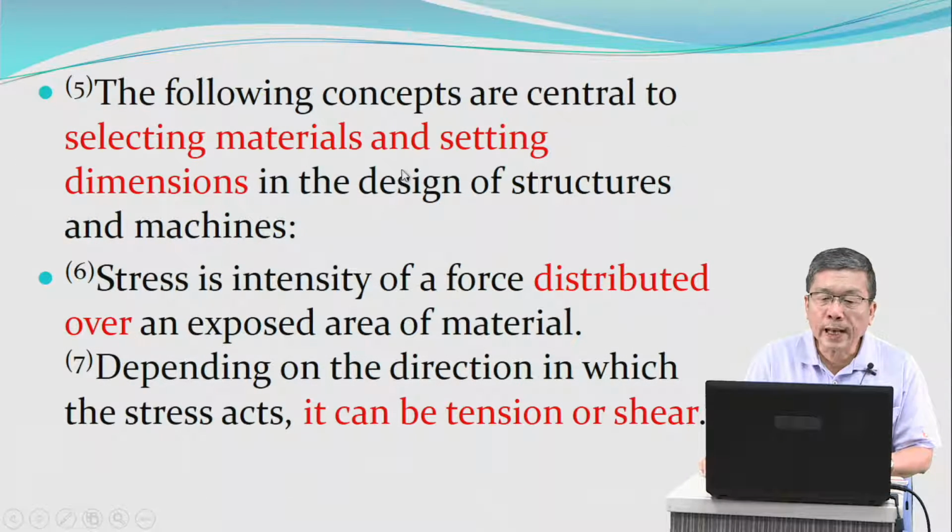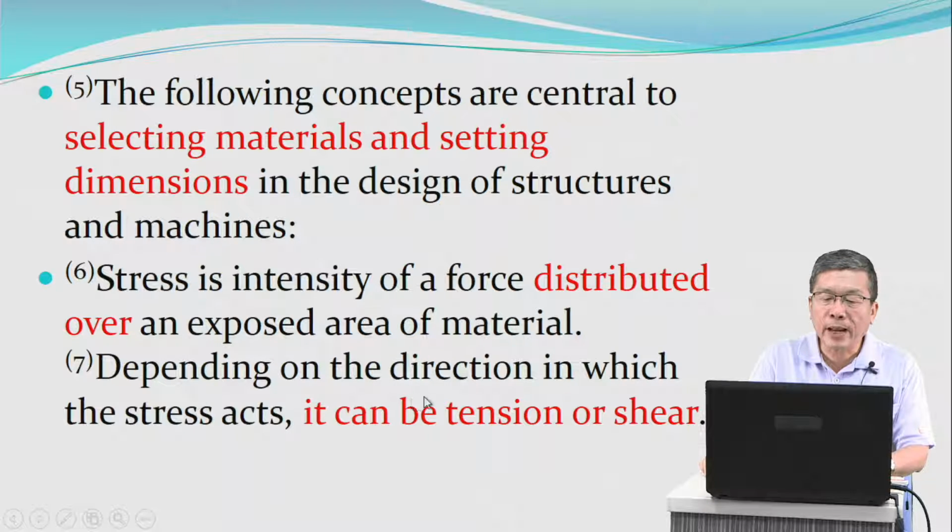The following concepts are central to selecting materials and setting dimensions in the design of structure and machines. Stress is the intensity of a force distributed over an exposed area of material.